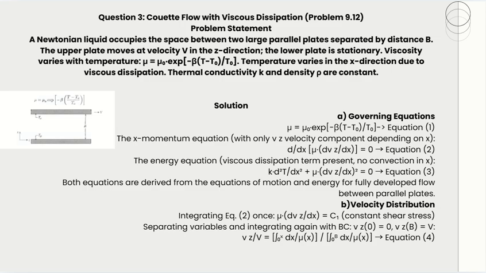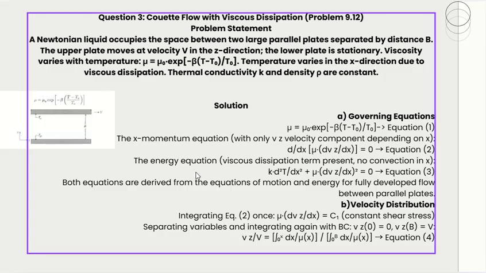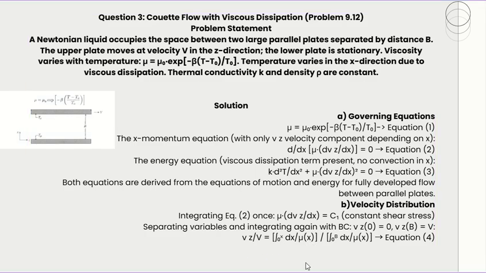Further integrating and substituting the boundary conditions, the first boundary condition is Vz at 0 is 0, that is the lower plate, which is stationary, and Vz at b is V, that is the upper plate moves at constant velocity V. After integrating and applying the boundary conditions, we get Vz by V equals the integral of dx upon mu of x, the whole divided by the integral of dx upon mu of x.